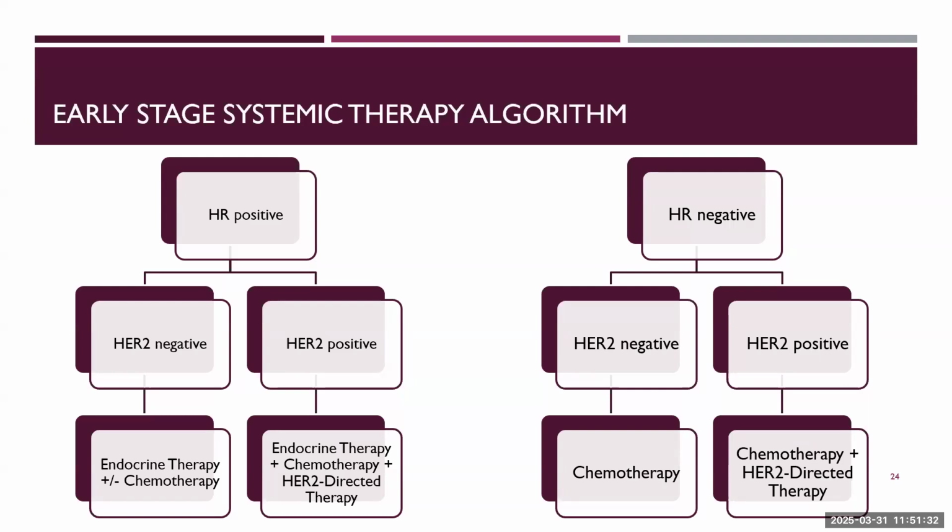If they are HR positive and HER2 positive, then they'll get endocrine therapy plus chemotherapy, and because they're HER2 positive, they will get HER2 directed therapy. Now, on the other side, if they are HR negative, HER2 negative, they will get chemotherapy because we don't have any receptors to target. So that's really our only option for those patients.